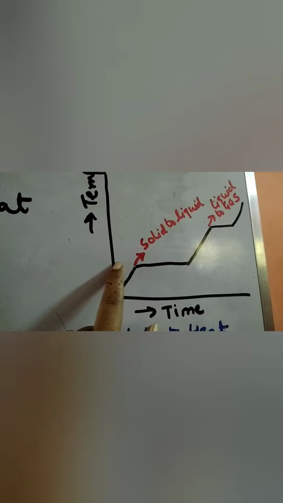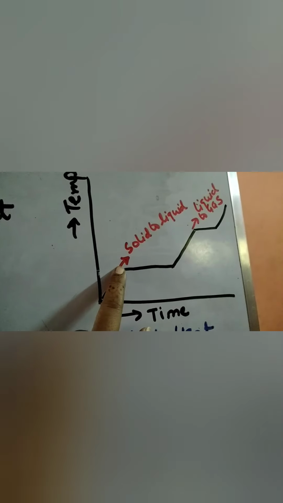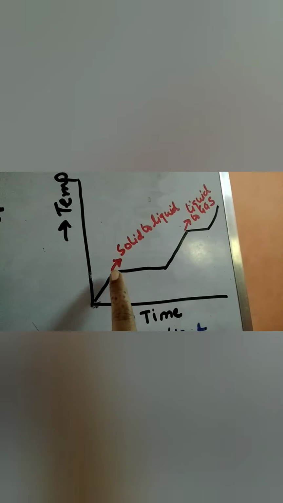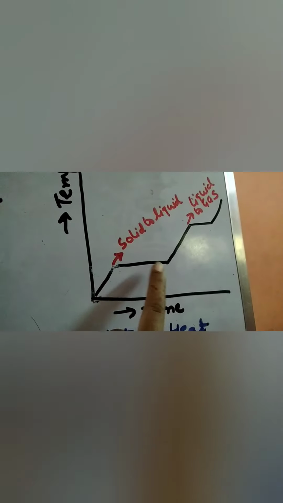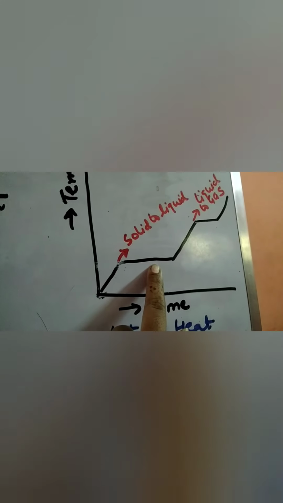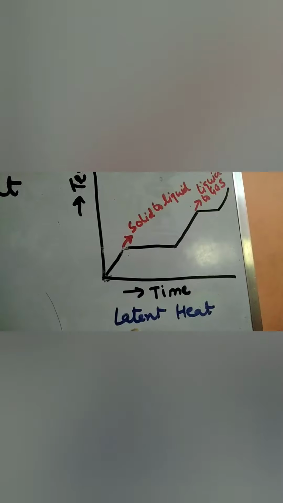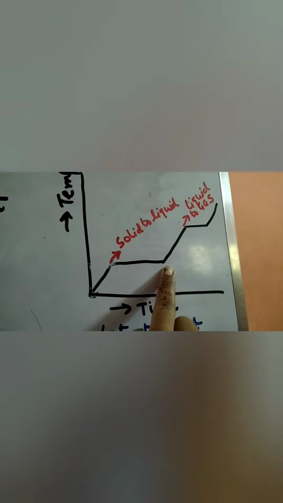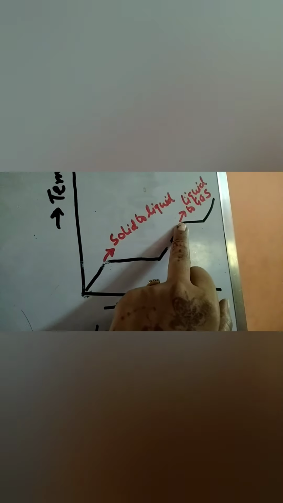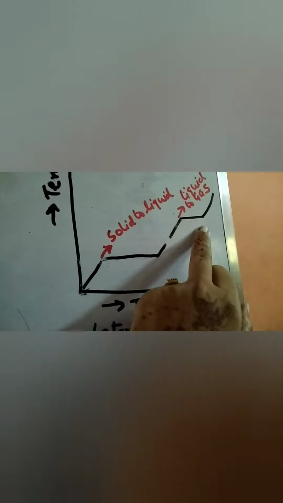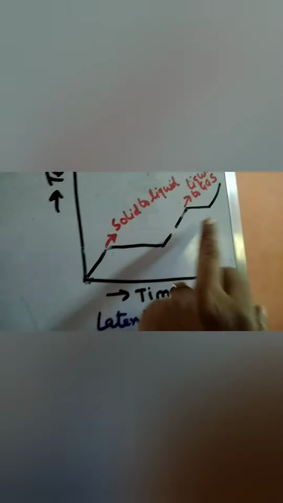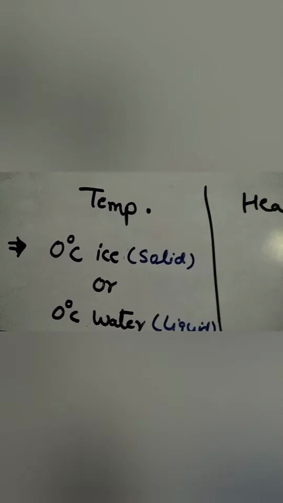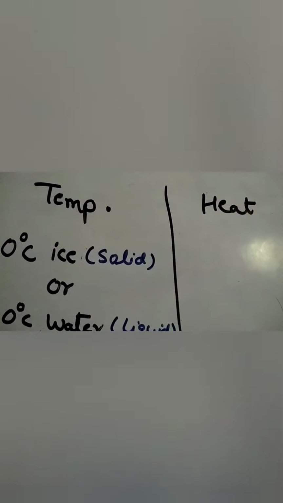So at this point you can check, temperature is the same here also, but time has passed. This time lapse is due to some amount of hidden heat energy. That hidden heat energy is called latent heat energy. The same thing will happen when you start increasing the temperature of liquid and this liquid starts to get converted into gas. Again we will see this type of curve that will be called latent heat. So these two things we will be able to explain, and one more thing we will explain.